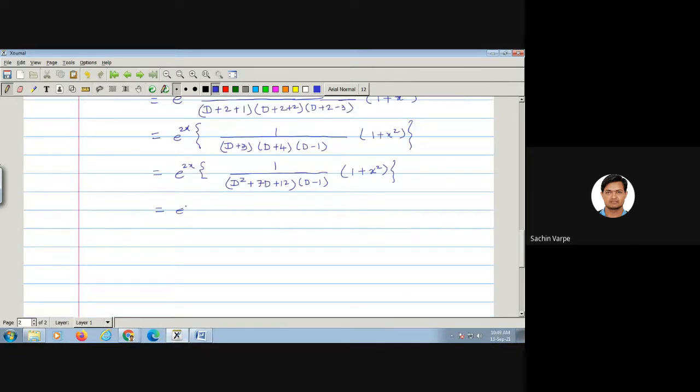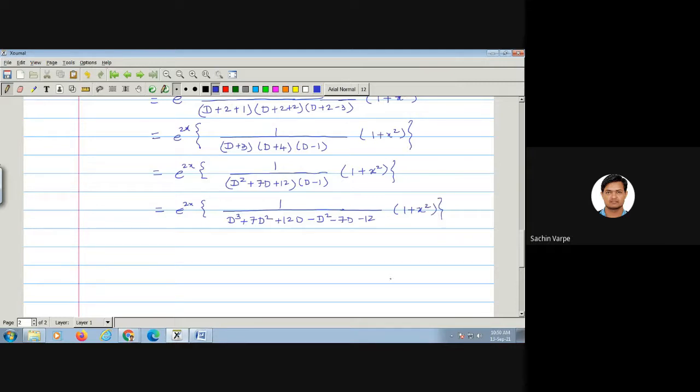So that is e to the power 2x into 1 upon D cube plus 7D square plus 12D minus D square minus 7D minus 12, operator on 1 plus x square.